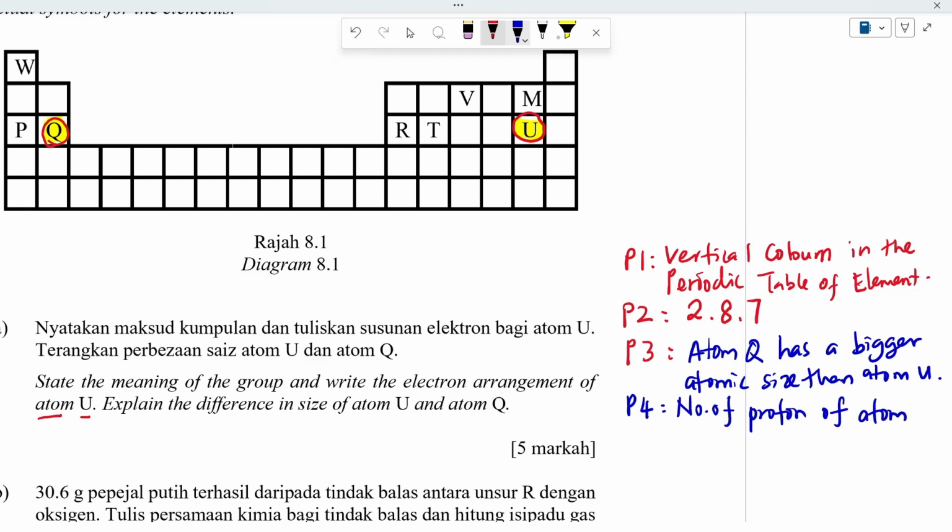Atom Q or atom U? Let's say you want to mention U. Is the number of protons of atom U more or less? More, right? More than atom Q.